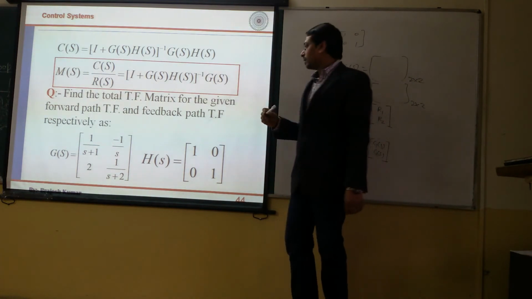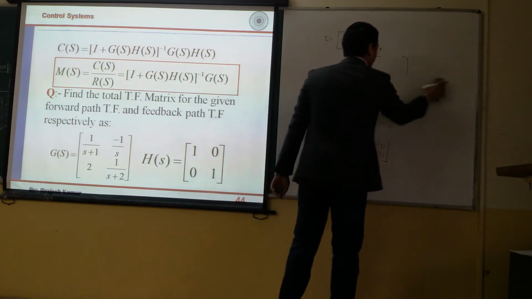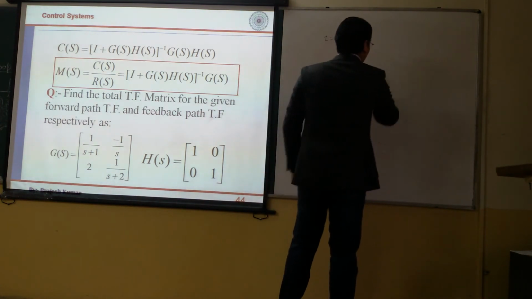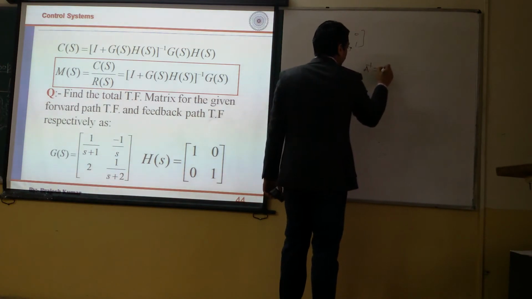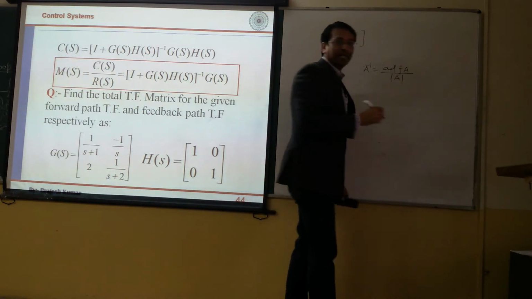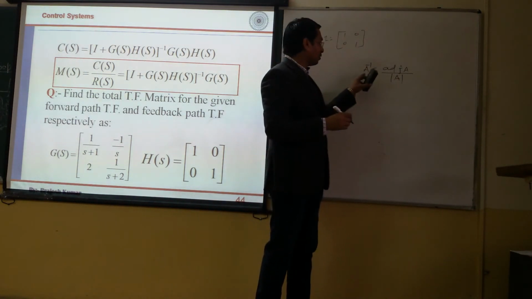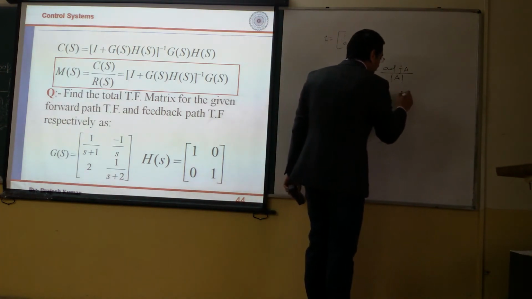Okay. Why? If you remember your mathematics, A inverse is equal to adjoint of A divided by determinant of A. So if you want your inverse matrix to exist, what should it be?